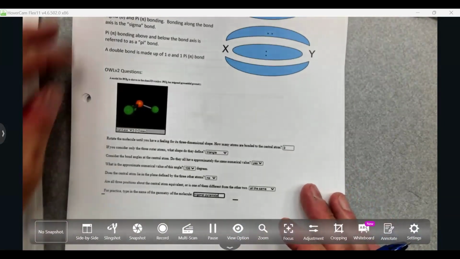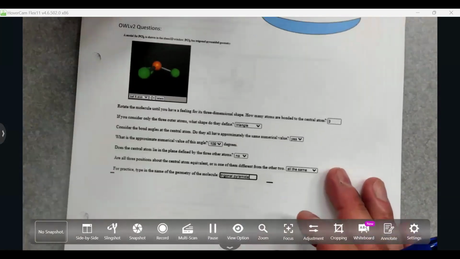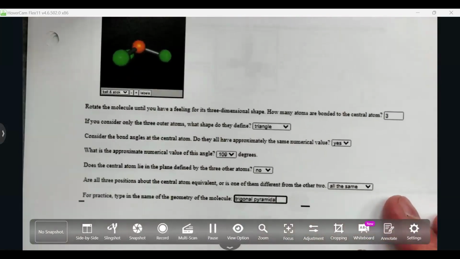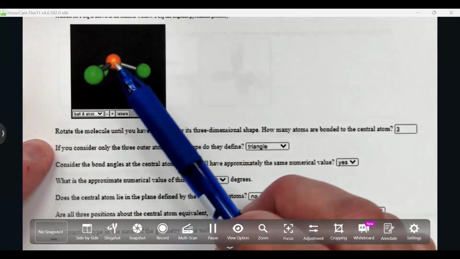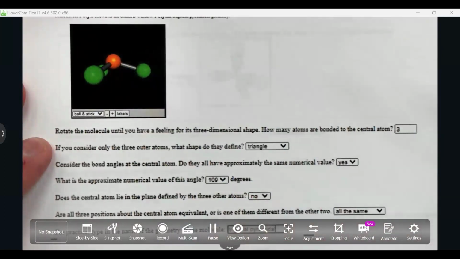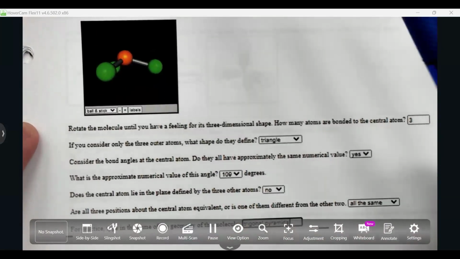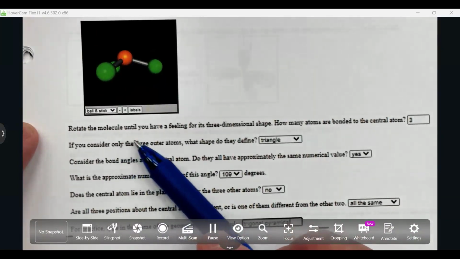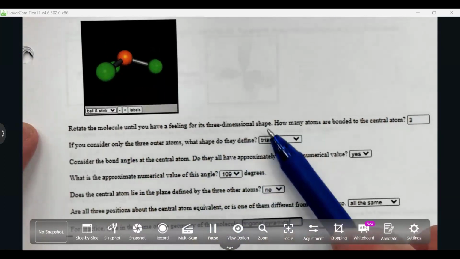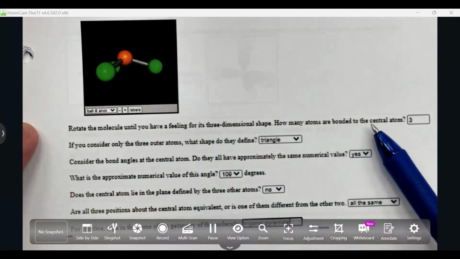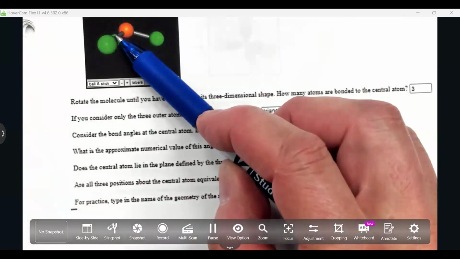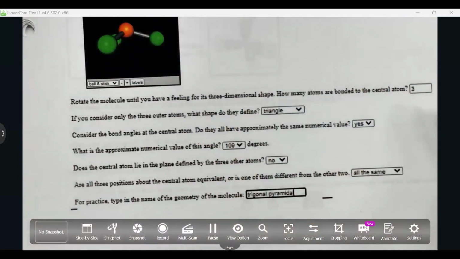Now, I don't know if you finished up OWL. Some of you are finished. Well, maybe I should have actually put this on the screen. But this does work out pretty well. You can spin this in OWL. So I took a screenshot from OWL. It says rotate the molecule until you have a feeling for its three-dimensional shape. How many atoms are bonded to the central atom? Well, in this case, I've got 3 bonded to the central atom.